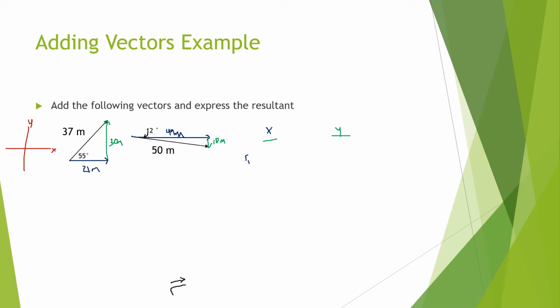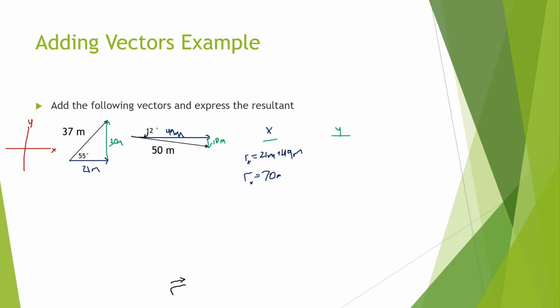So the x component of vector r is going to be equal to those two values added together, or 21 meters for the first one. And since 49 is in the same direction, I add 49 meters to it, which gives me a total x component of 70 meters.